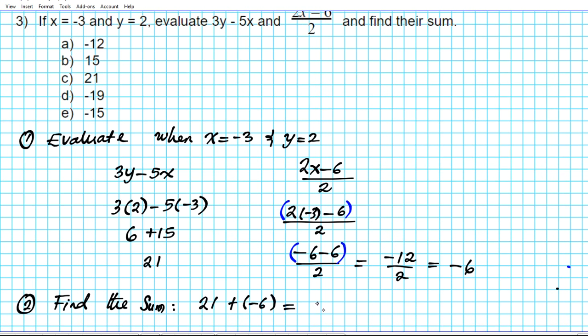We have two signs next to each other, different. When you multiply two different signs, you always end up with a minus. 21 minus 6 is 15. Answer to question 3 is option letter B.